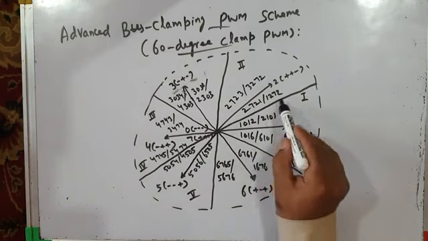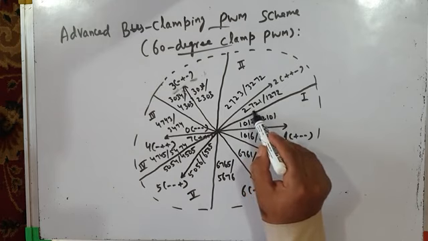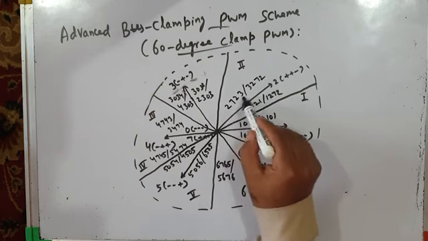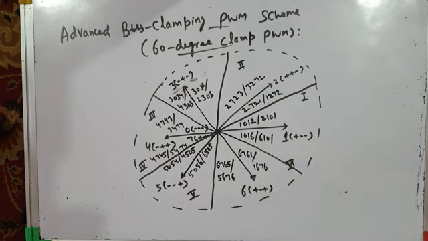It is very easy to write these numbers like I have written here, 2721, 2723. The rule is the same which I have discussed with you in the last many lectures when we were discussing advanced bus clamping PWM techniques. Therefore it may result in 60-degree clamp.